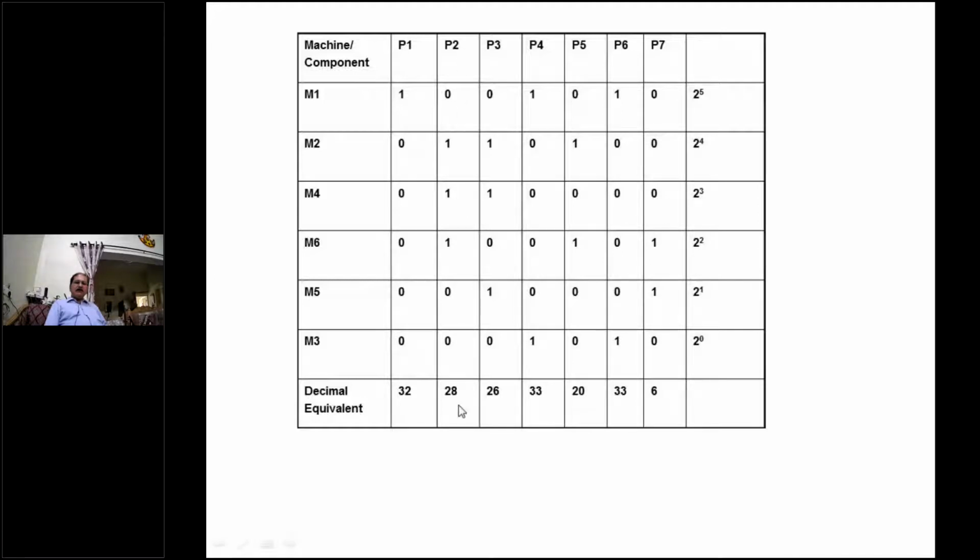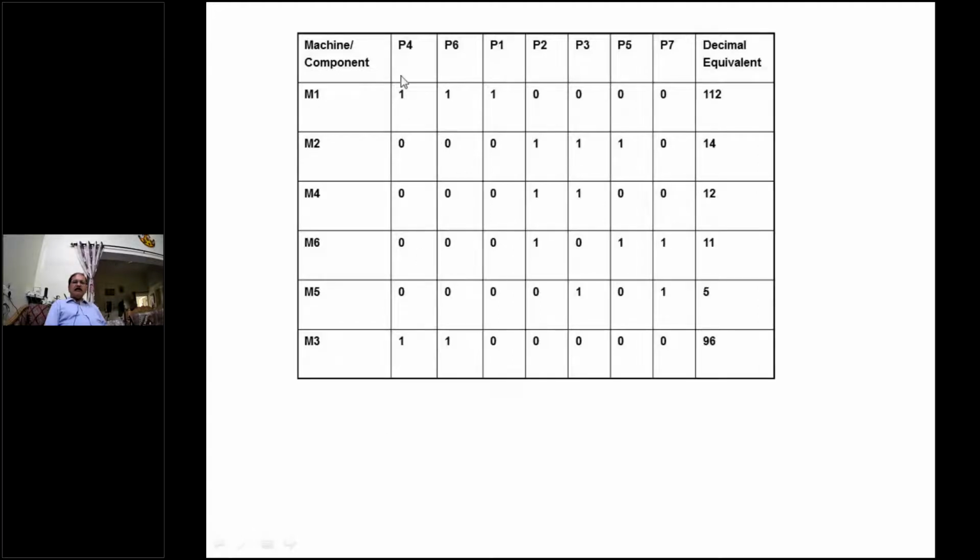The second column gives 28, and the third column gives 26. Like that you read the rest. Now arrange the columns as per their decimal equivalent. So column 4 comes first, then column 6, then column 1, like that.